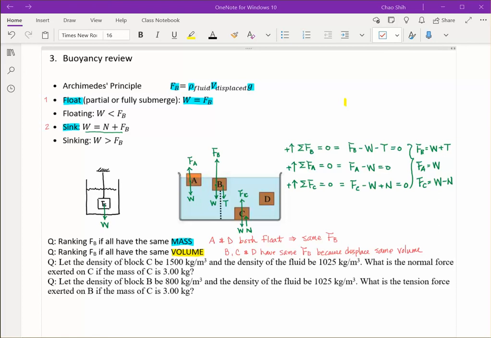The string force is going away from the object, so let's make this one a tension force. And what else will this object have? This object is also going to have a buoyancy force, and the buoyancy force is going upward. Let's make this one F of E, but you know this is a buoyancy force.